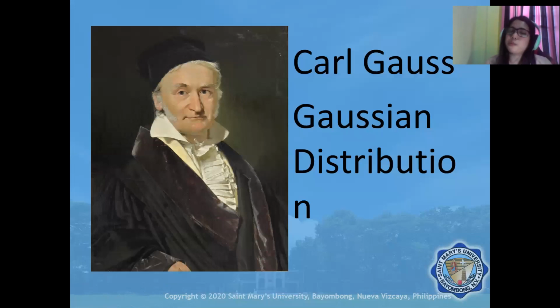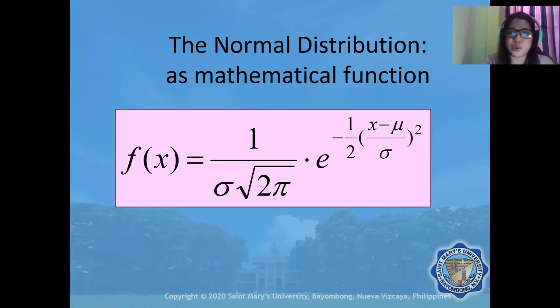Now, let's talk more about the normal curve. The person behind it is Carl Gauss, that's why it is also called the Gaussian distribution. This is the formula of our normal distribution as a mathematical function: f of x is equal to 1 over sigma multiplied by the square root of 2 pi, times e raised to negative 1/2 multiplied by the square of x minus mu all over sigma.